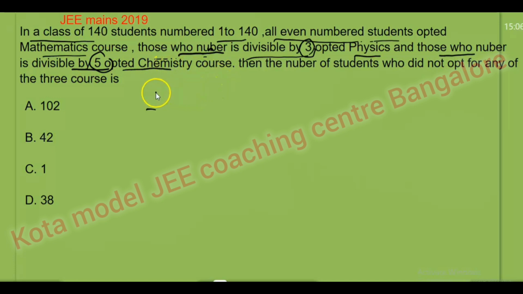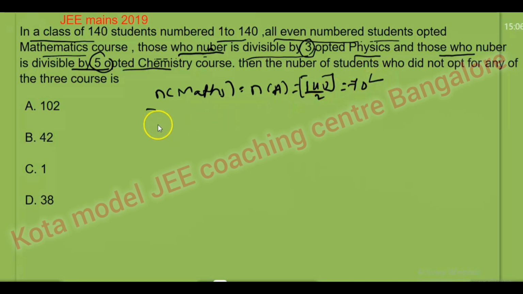That means n of mathematics is considered set A, which contains 140 by 2, totally 70 students opting for mathematics. Then n of physics is considered set B. N of B is again 140 by 3, totally 46 students opting for physics.